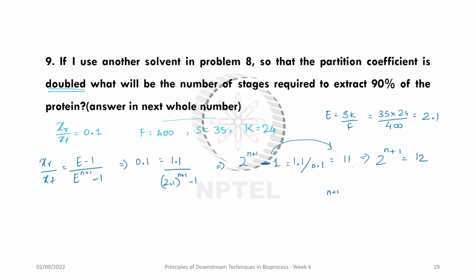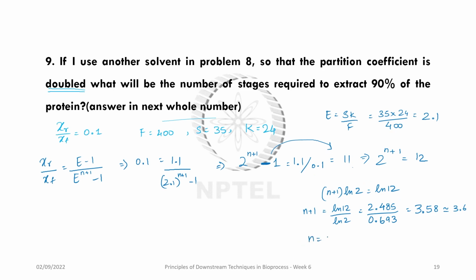Or n plus 1 ln 2.1 is equal to ln 12, or n plus 1 is equal to ln 12 by ln 2.1, which is 2.485 divided by 0.742, which gives us 3.58.